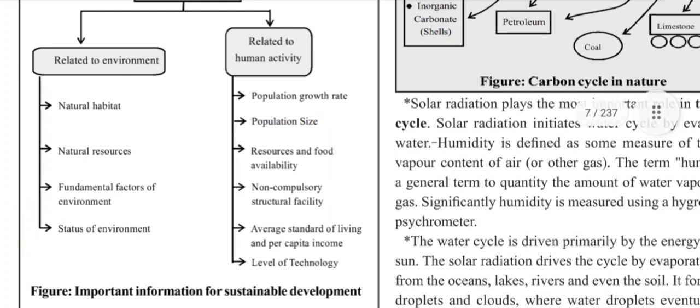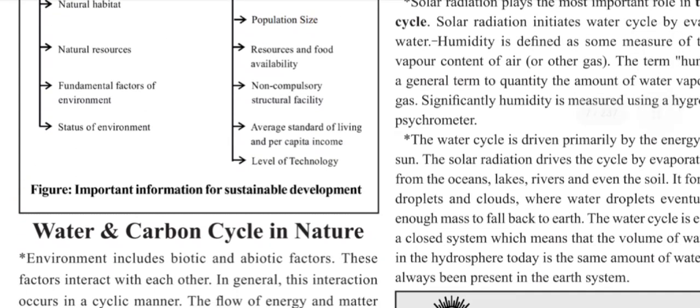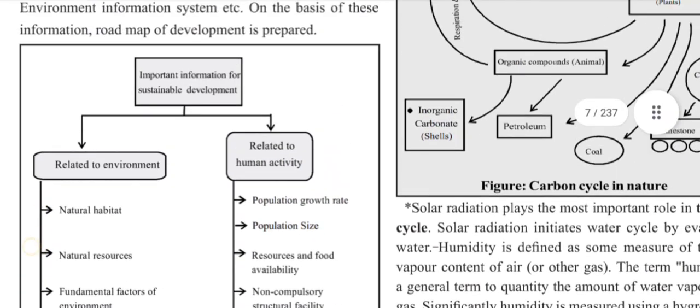And related to human activity: population growth rate, population size, resources and food availability, non-compulsory structural facilities, average standard of living, per capita income, and level of technology. Important information for sustainable development we discussed here.